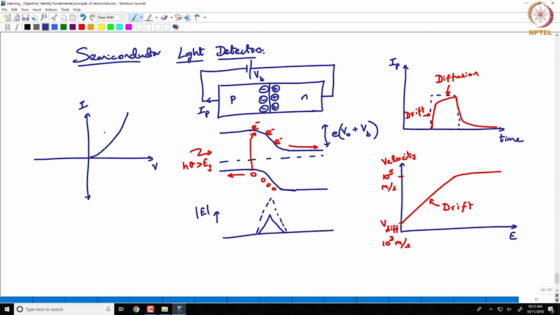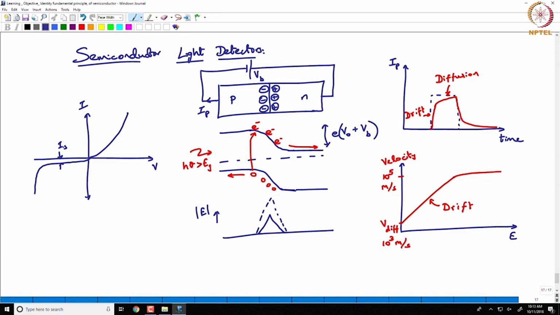It's going to have an exponential dependence on the forward bias voltage, and in the reverse bias it's going to come out like this. So, there is going to be a certain current which we were previously calling as IS, right. We were calling as IS. So, there is going to be a certain photocurrent that's going across at reverse bias.